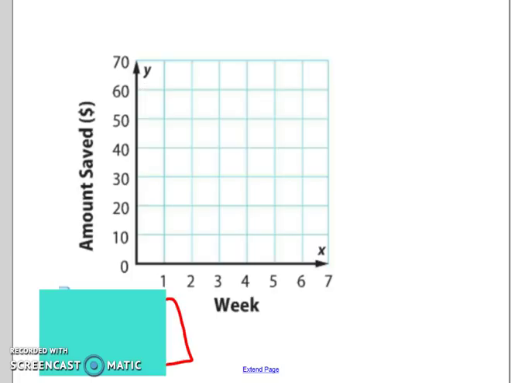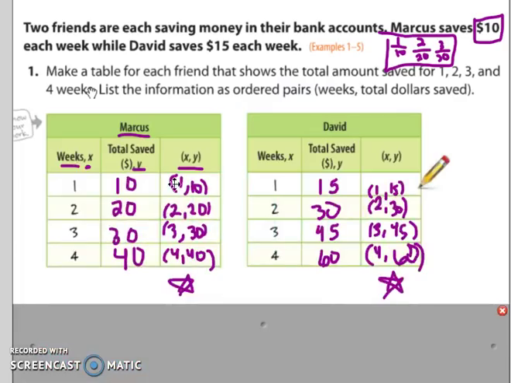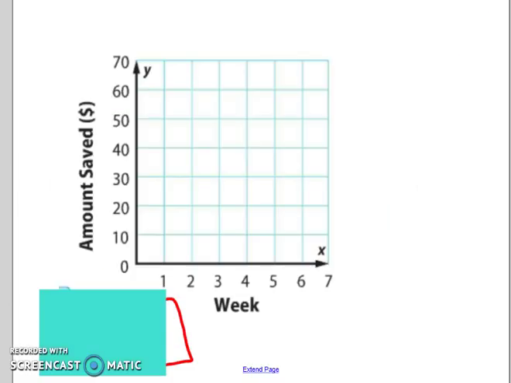So we need to figure out where we're going to plot our points. Looking back at our table, we're going to plot our points at 1, 10, 2, 20, 3, 30, and 4, 40. Remember we always do the x-axis first.